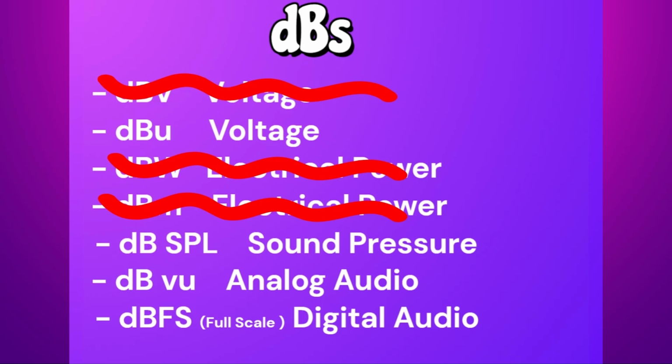Next, dBSPL. That's important because it matters on the front end and the back end of what we're doing. On the front end, it's the volume from the source we're trying to capture. Let's say it's a singer singing very quietly, so they would have a low SPL, or sound pressure level. It might be a snare drum hitting with a high SPL.